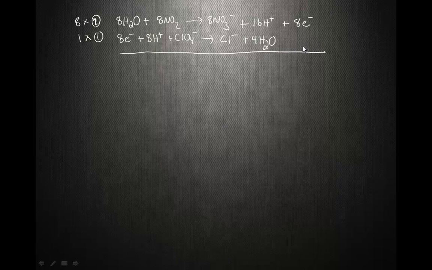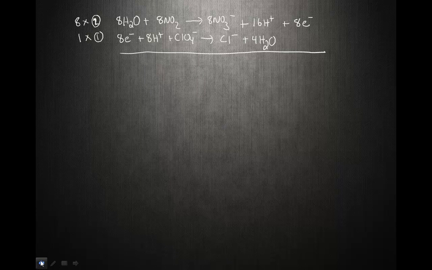There are various ways of doing this. What I like to do is sort of like what we did in Hess's law, and that is cancel some of the stuff that we can cancel here. So I've got 8H pluses here and 16 here, which will make this go to 8H plus.